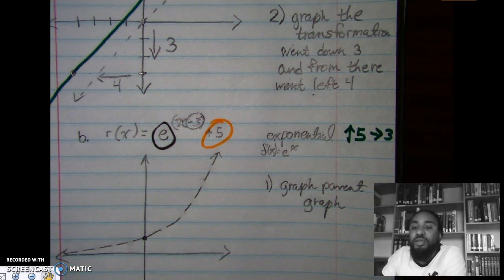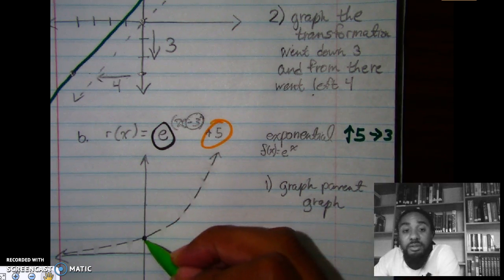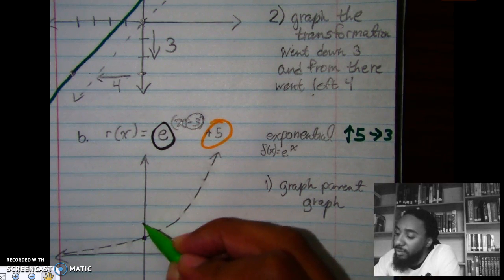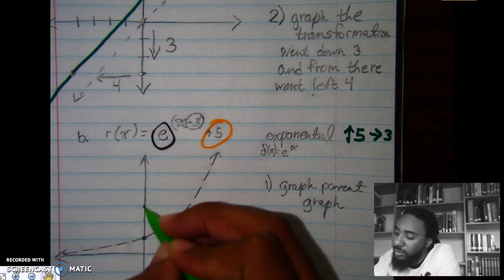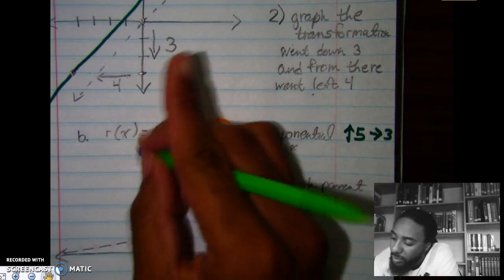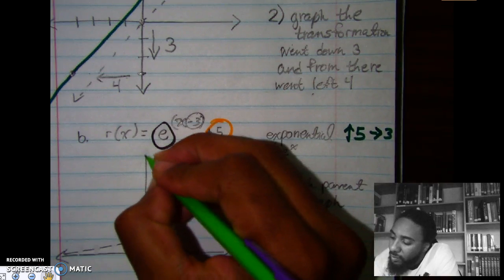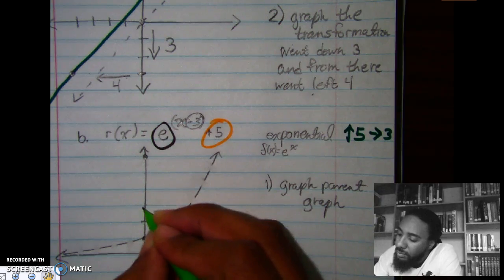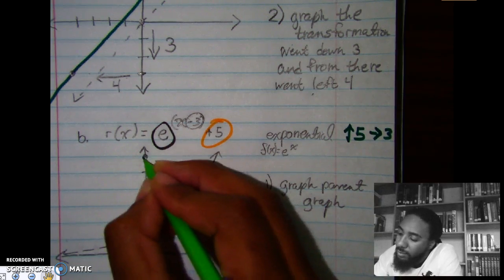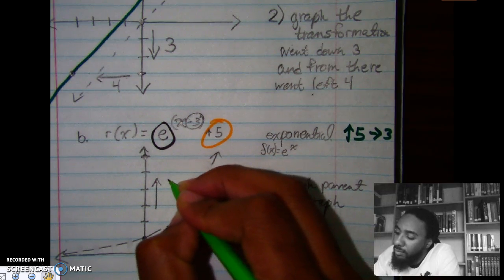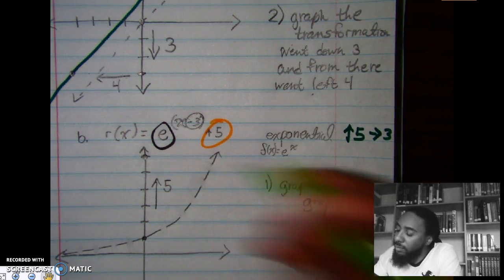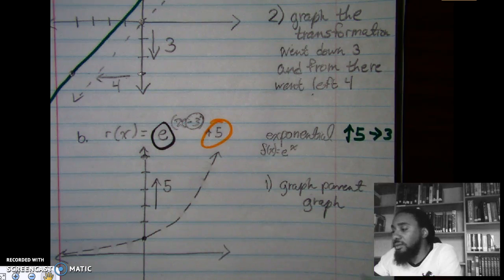All right, so now we make our transformations. So from this point, it's going to go up 5. 1, 2, 3, 4, 5. So let's move this up a little bit. All right, so move it up 5. And then we go to the right 3.